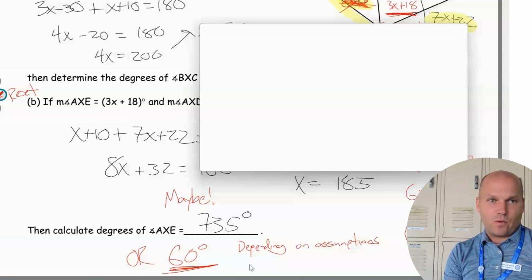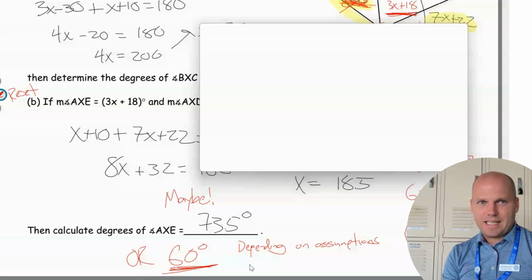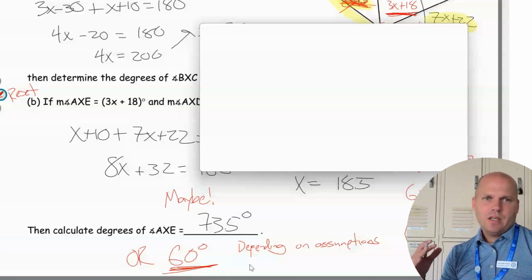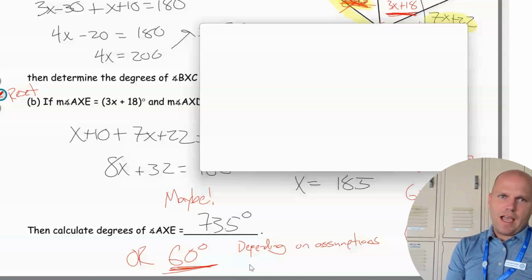EXD would be 4x plus 4, so that if I add the two together, I get 7x plus 22. I want AXE. I don't know that they're complementary. I do know that these three angles form a straight line.